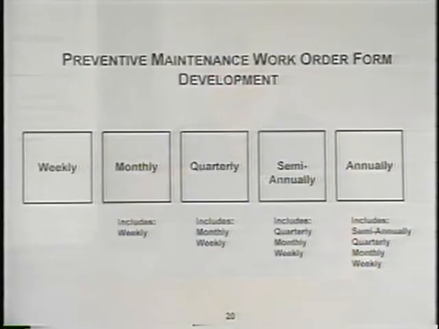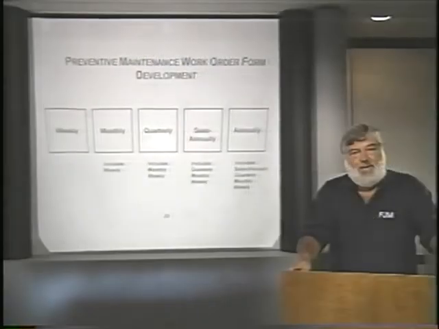Now, if you turn to page 20, this diagram illustrates specifically what I'm alluding to, and page 19 is really the outline, the criteria for page number 20. Let's assume that I'm going to generate a quarterly PM. In the quarterly PM should be the weekly and the monthly PMs.